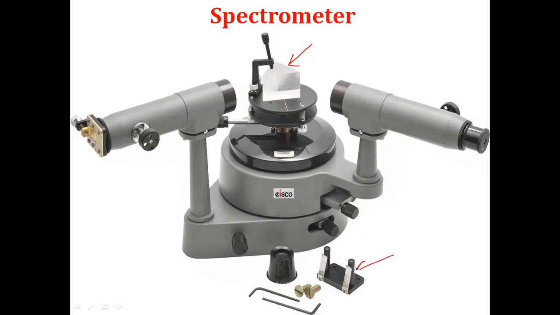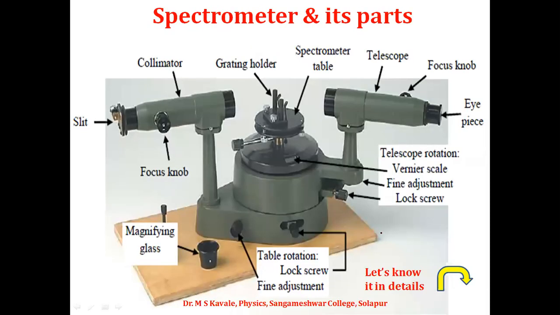Then the grating holder, some Allen keys, and a magnifying glass. This one is a magnifying glass, and two screws to fix the prism table or the grating stand on the prism table.